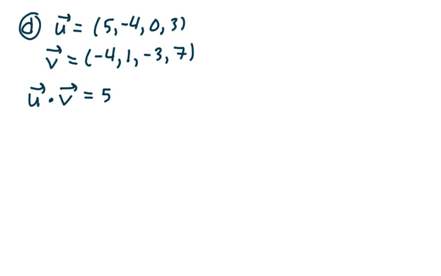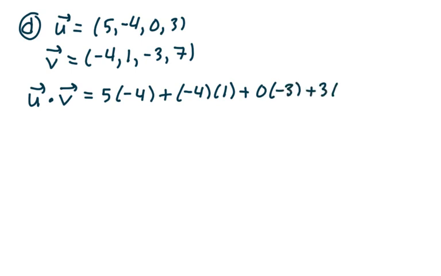Well, that's 5 times negative 4 plus negative 4 times 1 plus 0 times negative 3 plus 3 times 7. So this is negative 20 minus 4 plus 21.